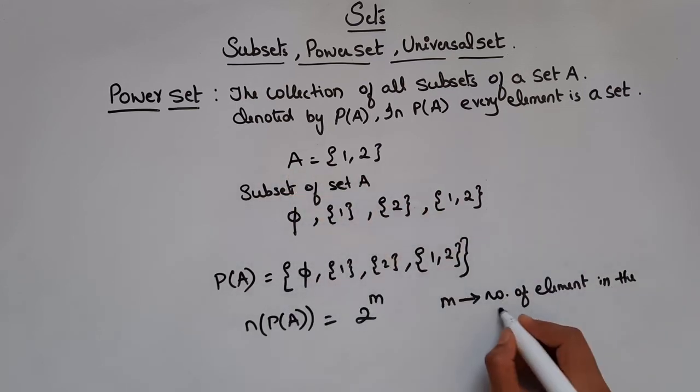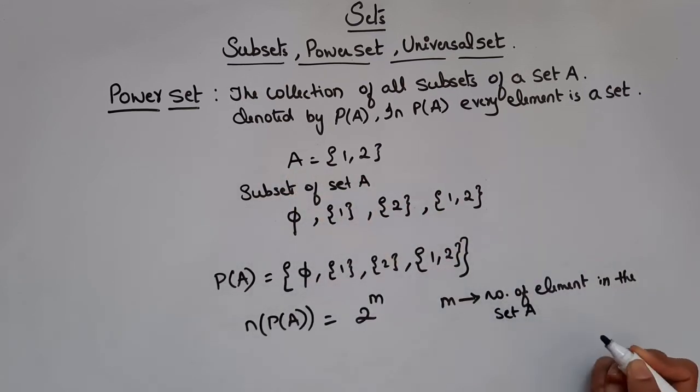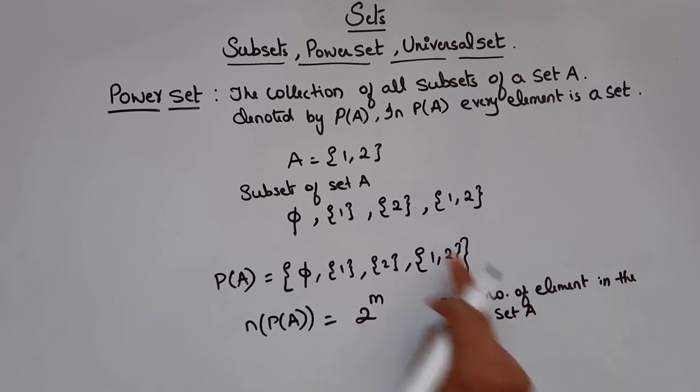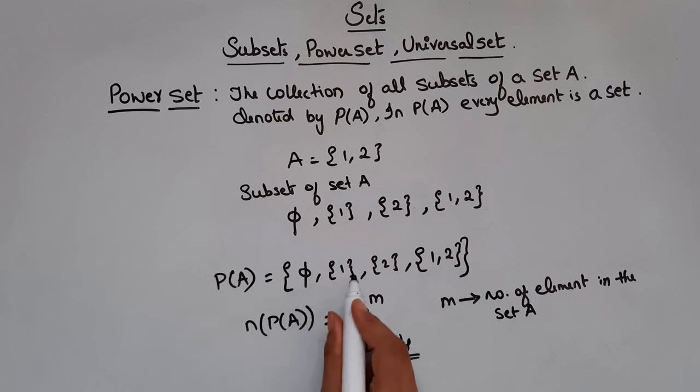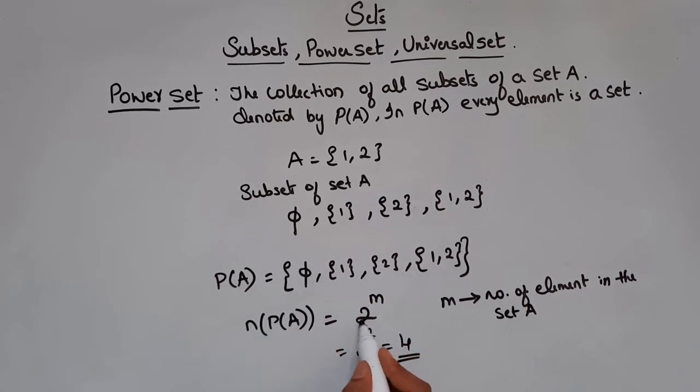In this case, set A has 2 elements, 1, 2. So the number of subsets in the power set is 2 power 2. So we have 4. So 1, 2, 3, 4. So the number of subsets in a power set is calculated by using the formula 2 power m. So this is about power set.